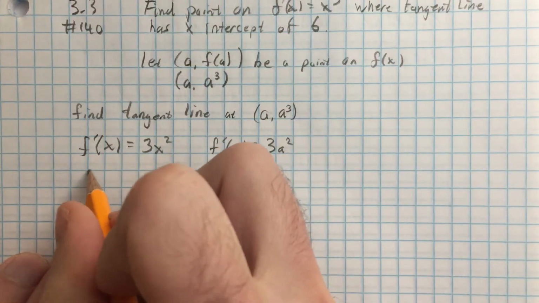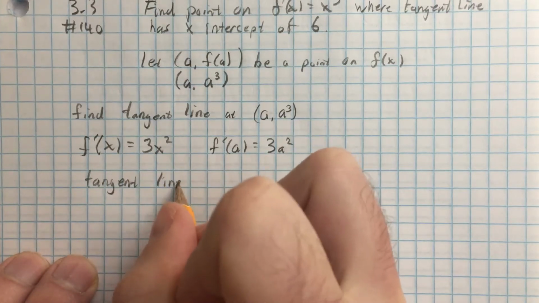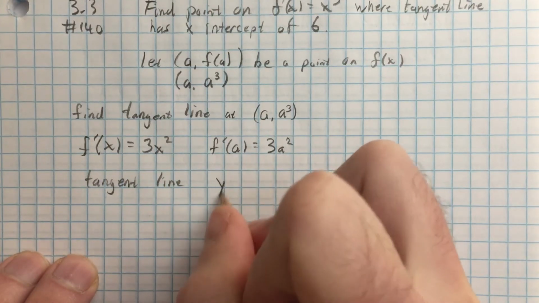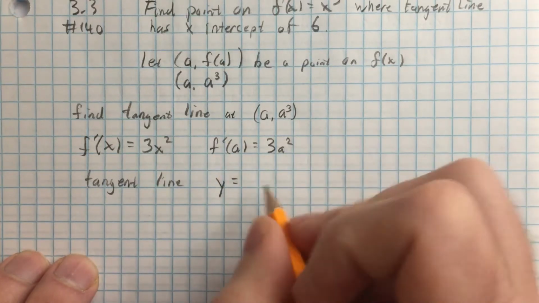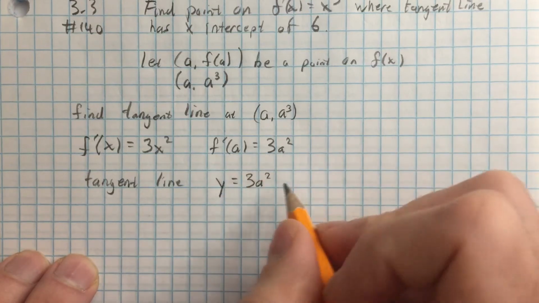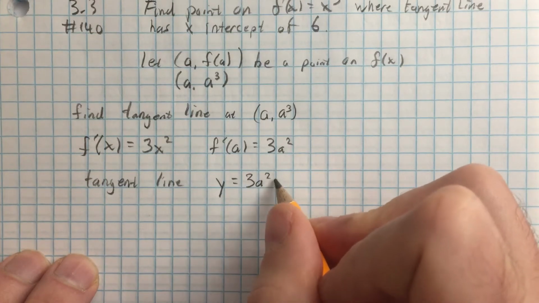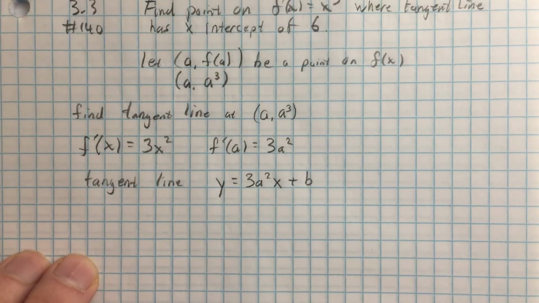So therefore, the tangent line is going to be y equals slope at a, 3a squared. There's my slope of the tangent line for any value a, times x, and then plus unknown y-intercept b.